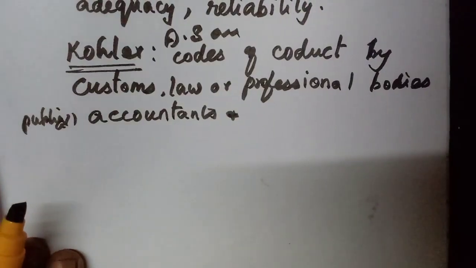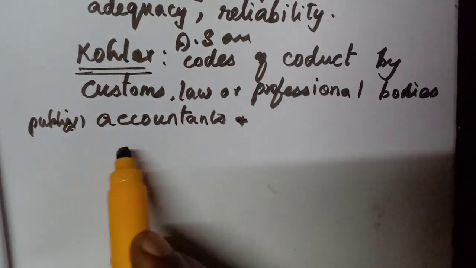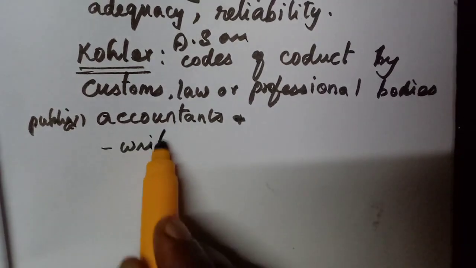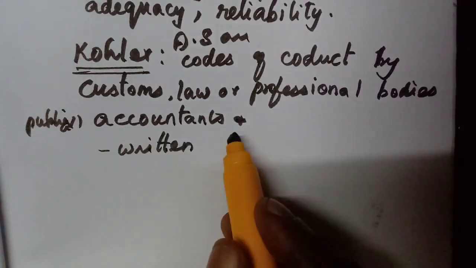So we can say again, what are these accounting standards? Accounting standards are the written policy documents. Everything is written clearly.